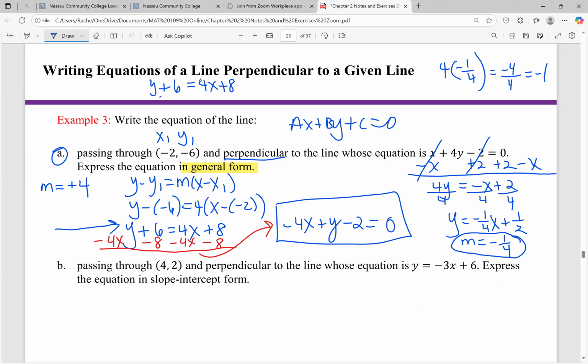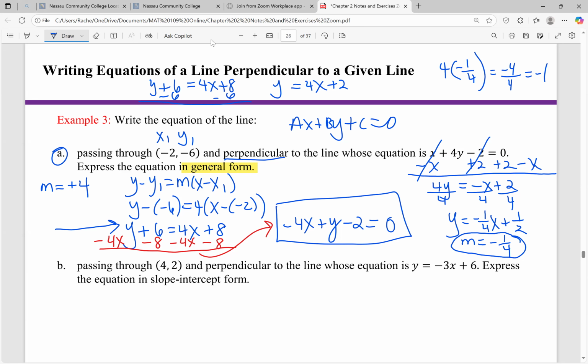If I would have subtracted 6 from both sides, I would have been left with y equals 4x plus 2. So I can plot y equals 4x plus 2, and then y equals negative 1/4 x plus a half. And we'll see that they're perpendicular.